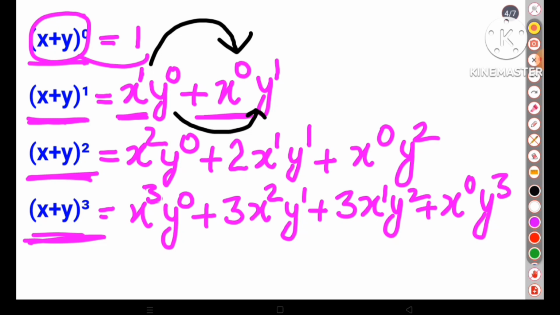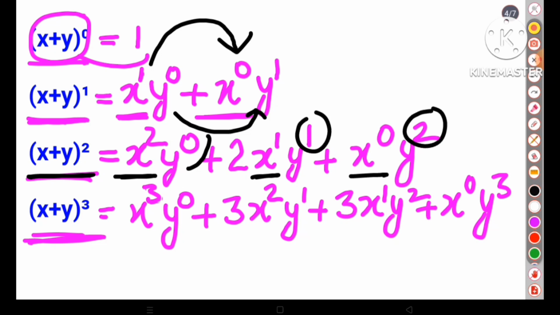Similarly, in this expression also, the power of x is decreasing when we move from left to right and the power of y is increasing. Similarly, in this expression, so we can conclude from here that when we move from left to right, the power of x decreases but the power of y increases.